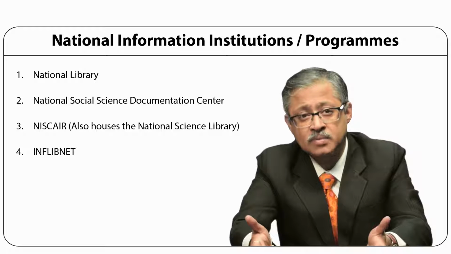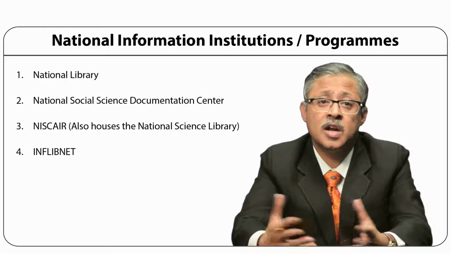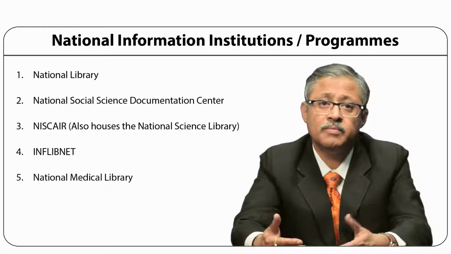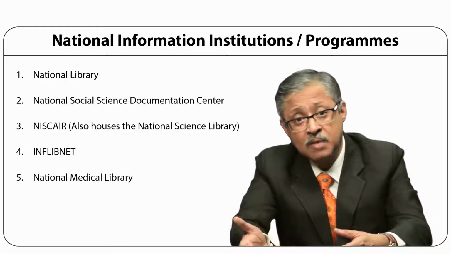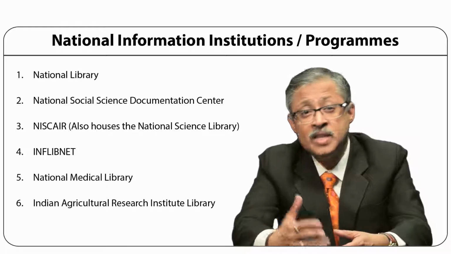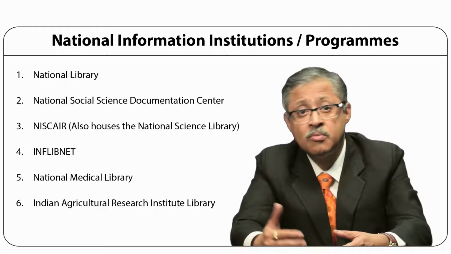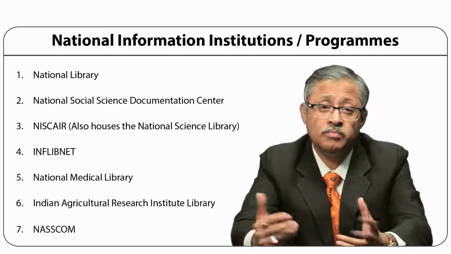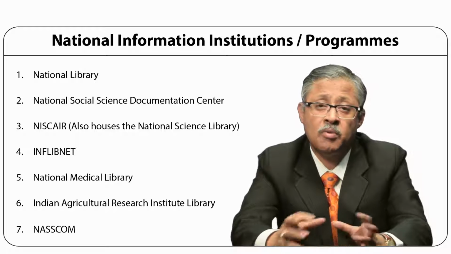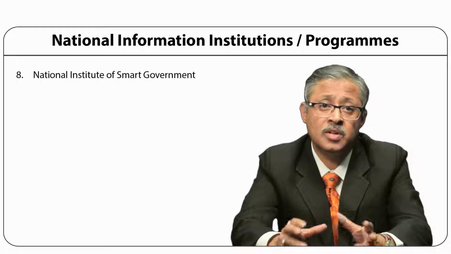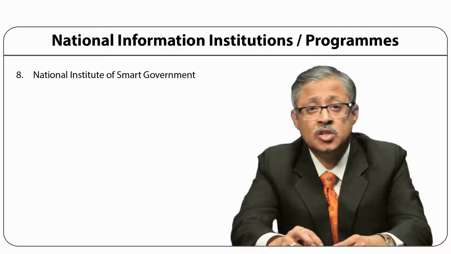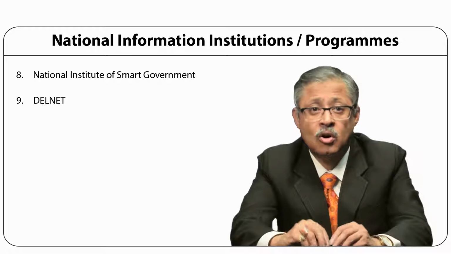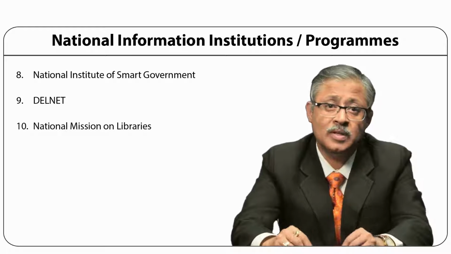INFLIBNET, which is basically a network of all the universities and their libraries. National Medical Library, Indian Agriculture Research Institute Library, or we call it IARI. NASSCOM, which is basically a hub of all the software companies. National Institute of Smart Governance. DELNET, called Developing Library Network.